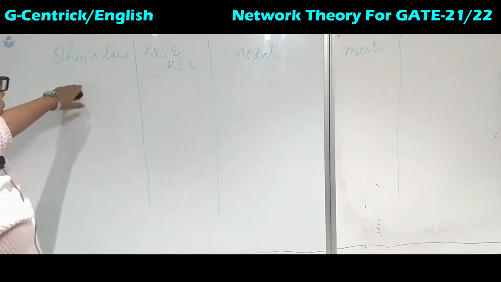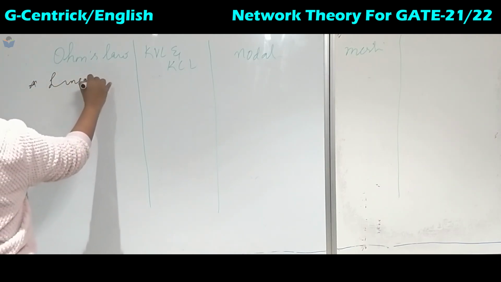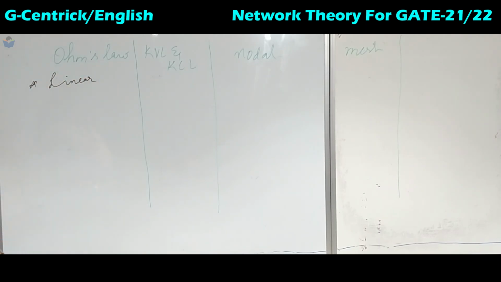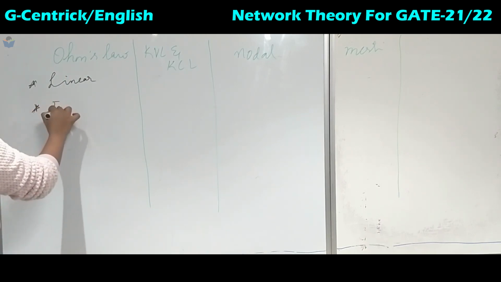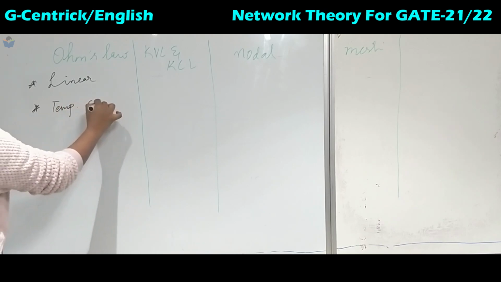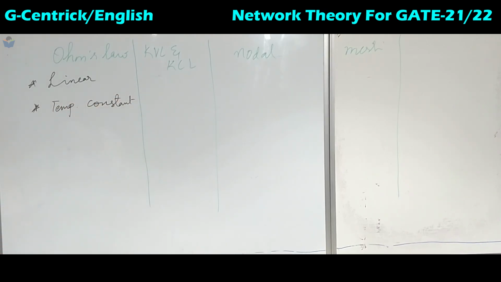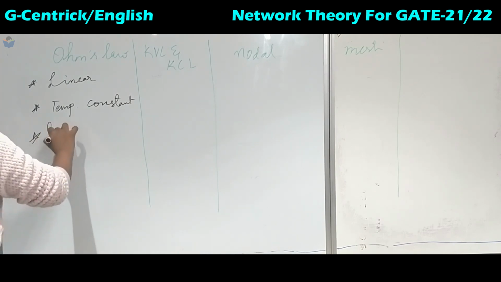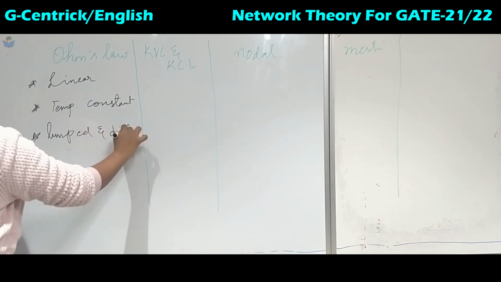Ohm's law is applicable only for linear networks, and the temperature must be constant. It is applicable for both lumped and distributed networks.